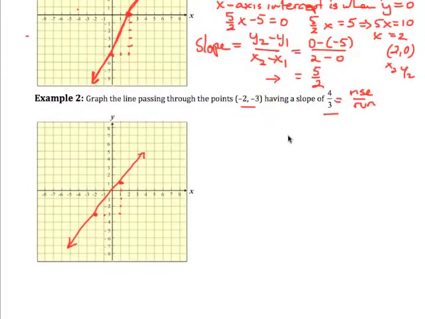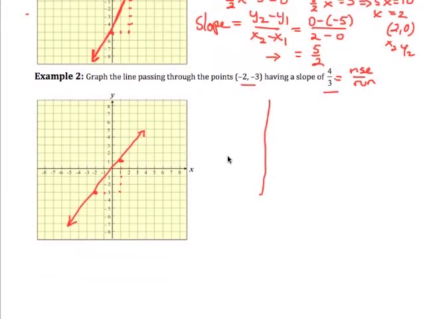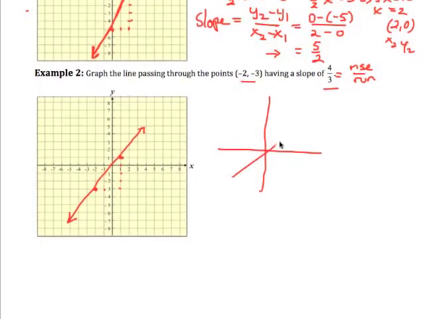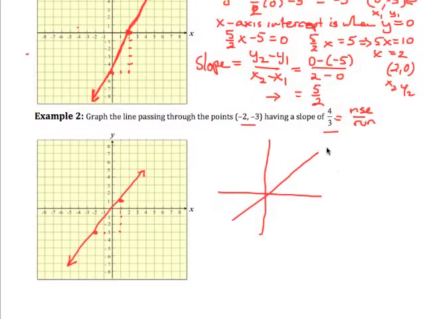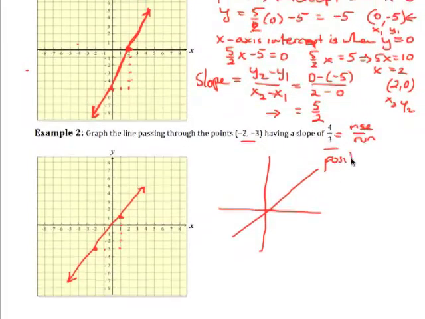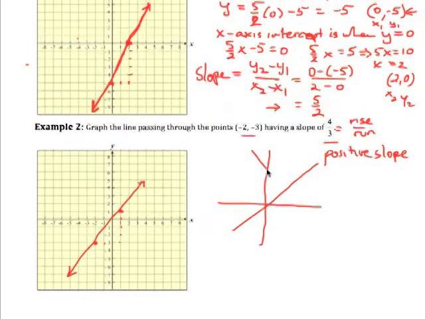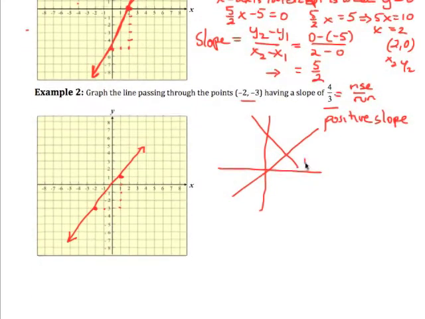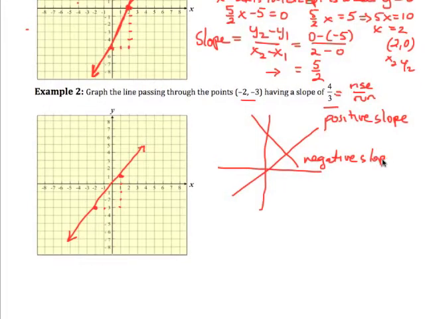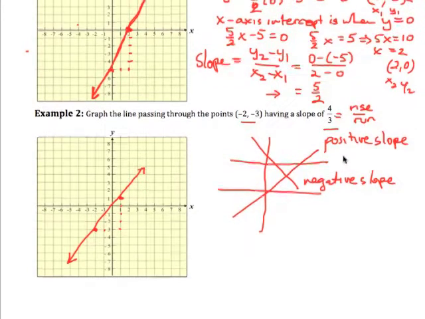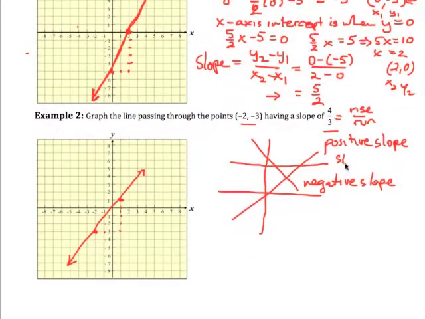Now the thing to keep in mind, remember, is that whenever I have a slope that is rising to the right, this is a positive slope. Whenever it's going down to the right, this is a negative slope. Whenever it's just horizontal, of course we're going to have a slope of 0.